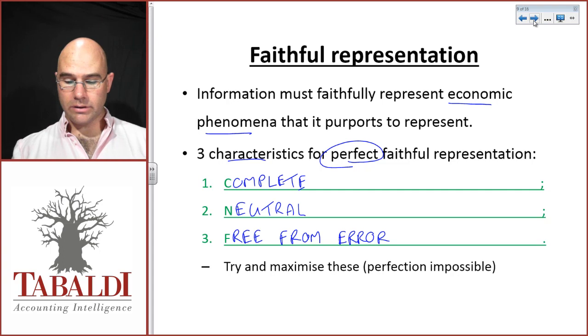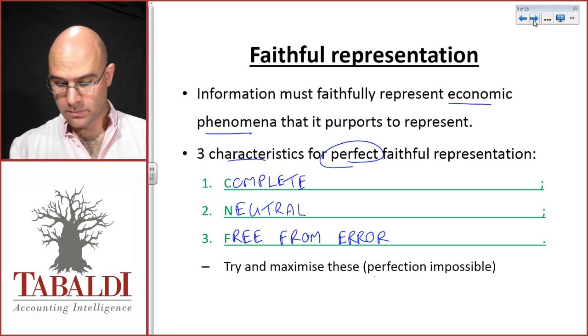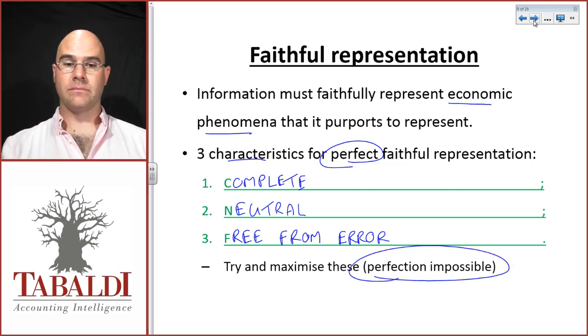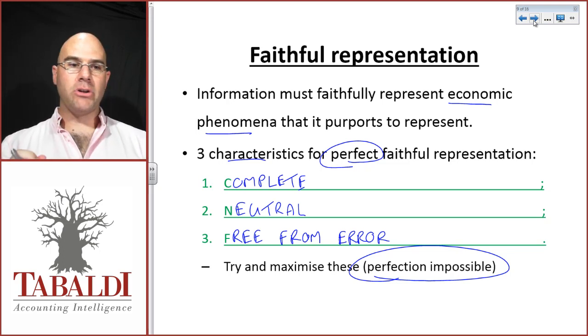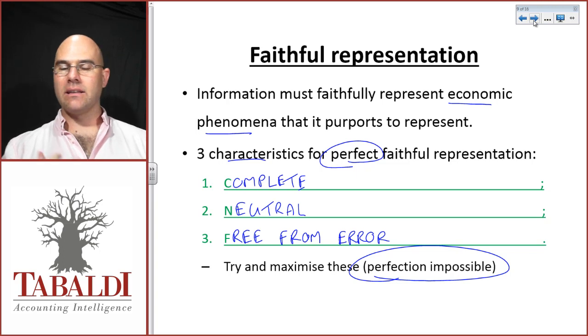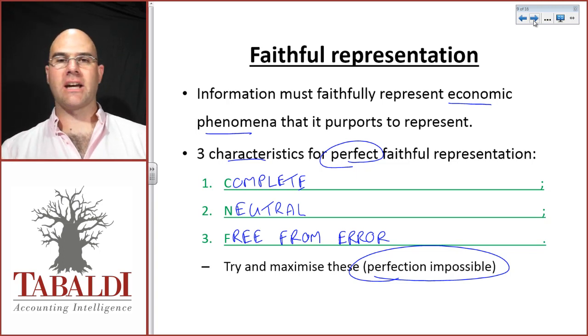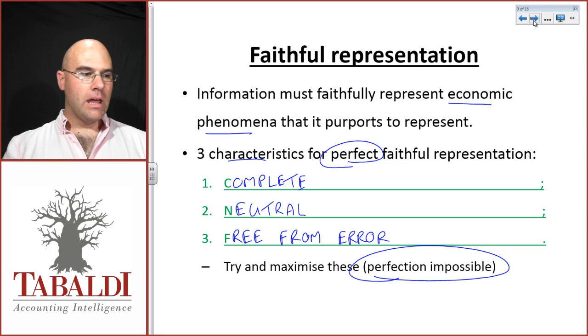Now, in the real world, it is never possible to be perfect, but you must try and maximize these 3 characteristics. So complete means that there must be all information available or necessary for a user to understand the underlying economic phenomenon, the transaction or the event or the circumstance.